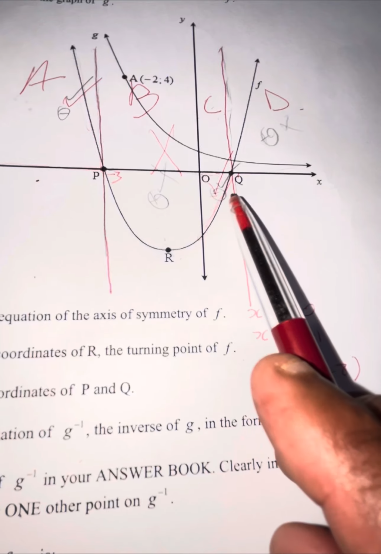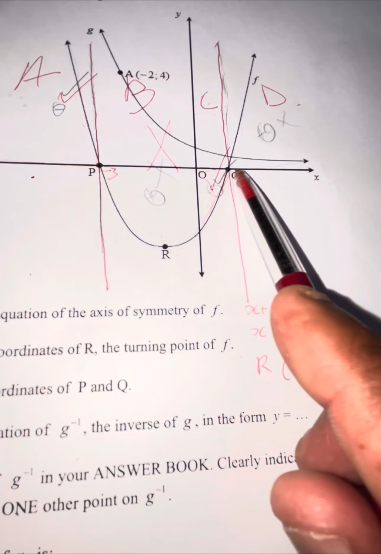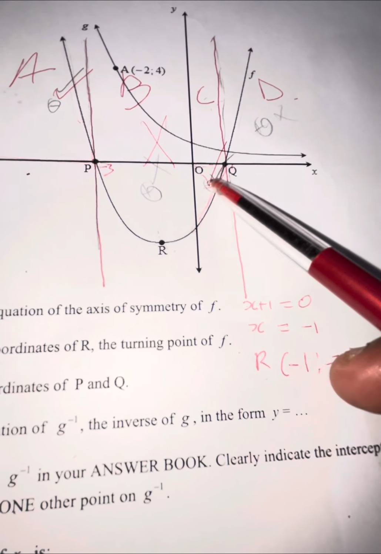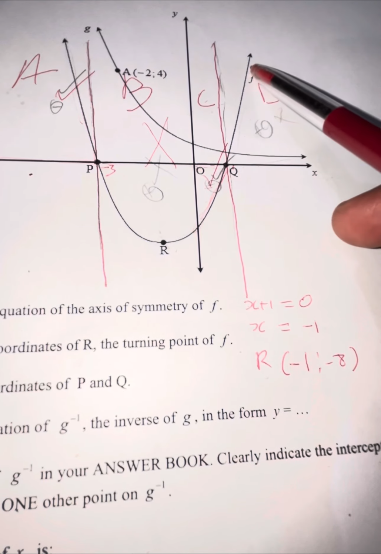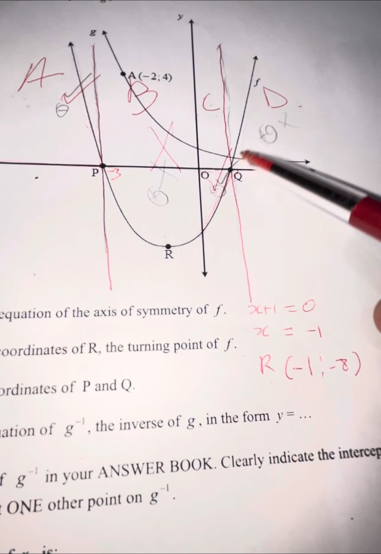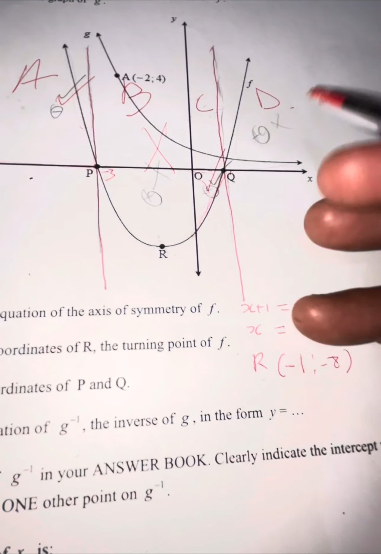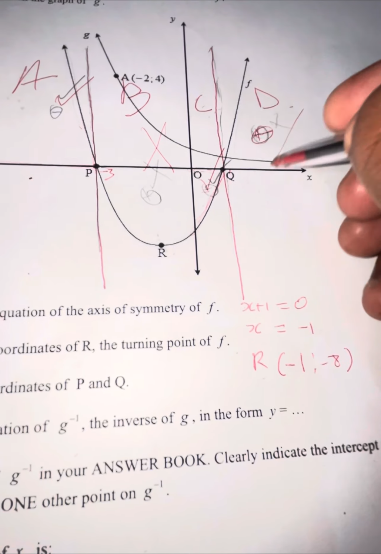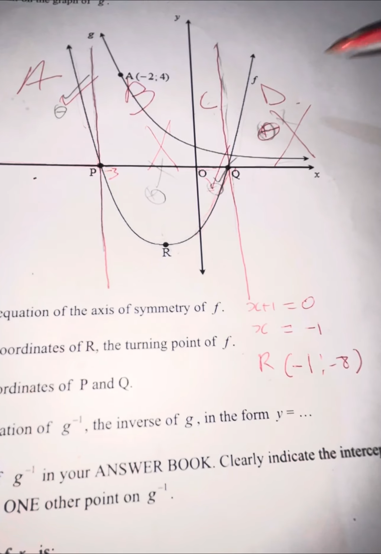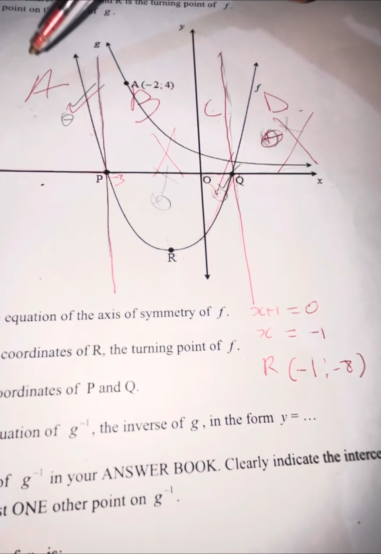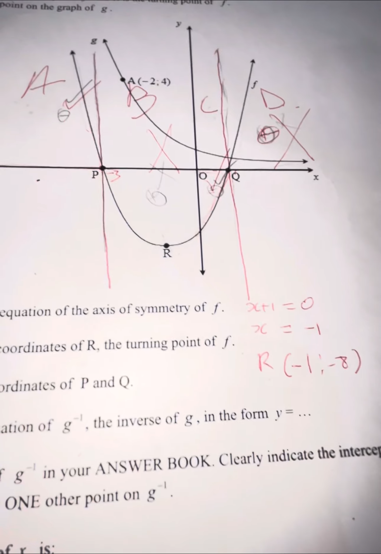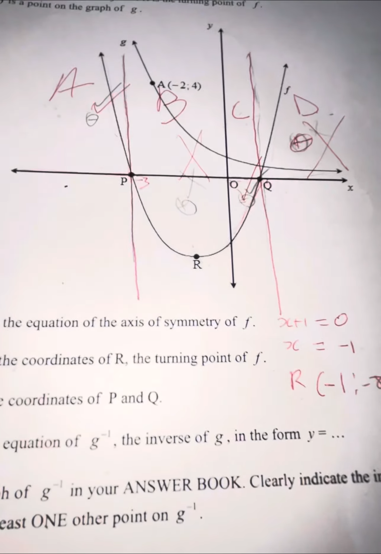Let's check part D. For part D, the x values are positive, but the y values are positive as well. So positive times positive, it's positive. Therefore, we cannot use this. This part B, part D, we're going to use part A and part C. So the solution will be like this.